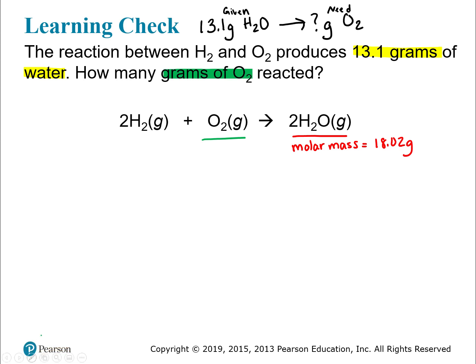Remember that for diatomic molecules like oxygen gas, hydrogen gas, you need to take the atomic mass that you see on the periodic table and multiply it by 2.